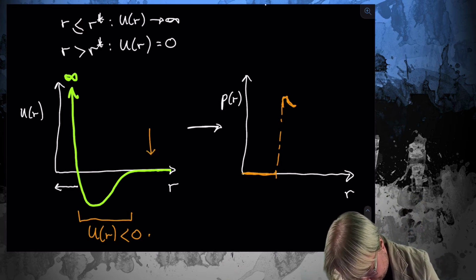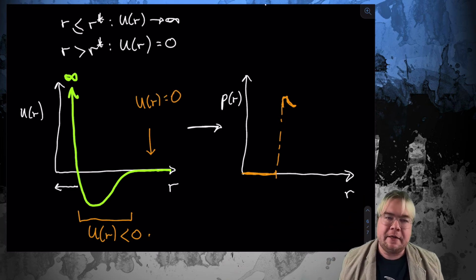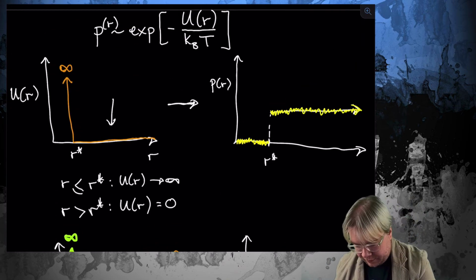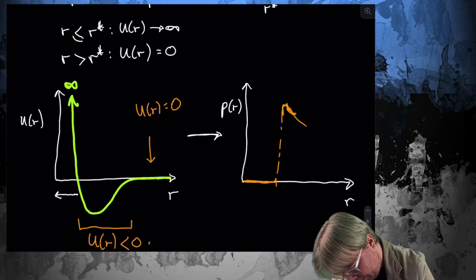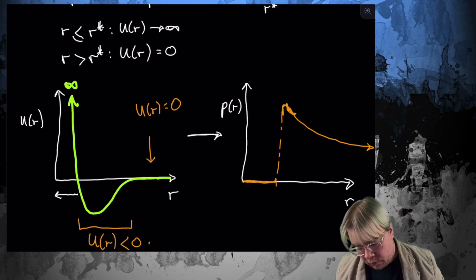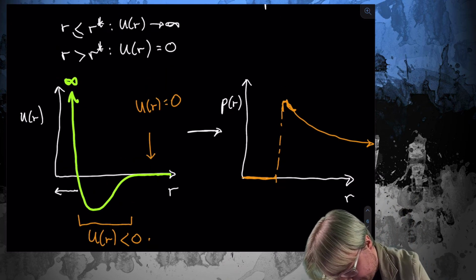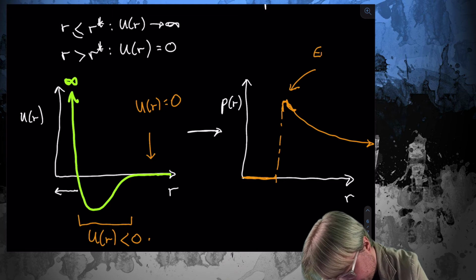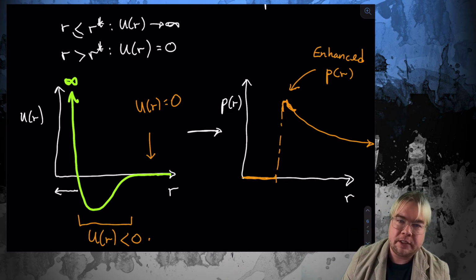And then out here, U of R is equal to 0. We already said that if U of R is equal to 0, things decay down to 1. So this will decay down to 1. Okay, so what this is saying is that there's an enhanced probability at that distance to find two particles a certain distance apart from each other.